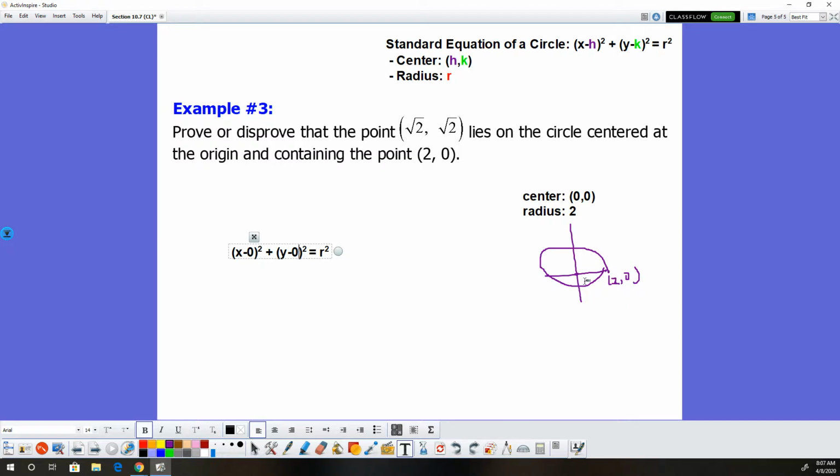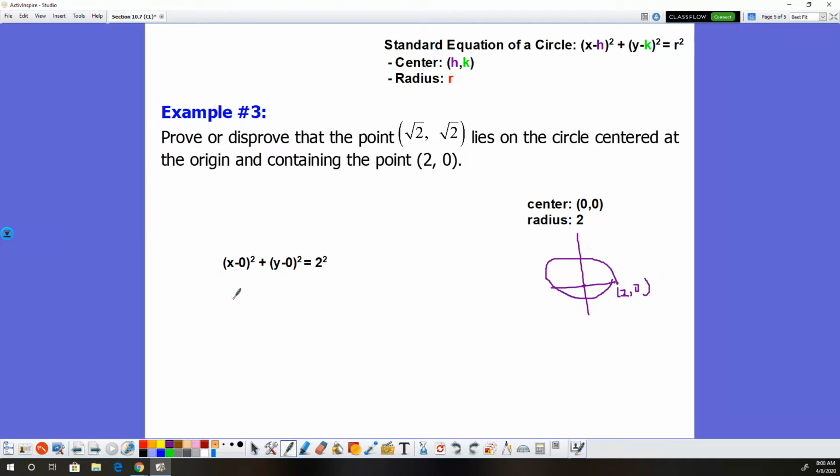And our radius here, if our center is (0, 0) and it goes through (2, 0), our radius has to be 2. So if I rewrite this, I would just have x, well, x minus 0, guys, is just x, so x squared plus y minus 0 is just y squared equals 4. Okay, so this would be the equation of this circle.